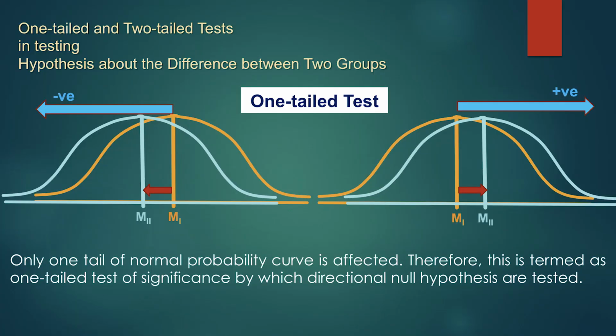In other words, the difference between two means shall appear only on one side of the normal probability curve and only one tail of the normal probability curve shall be affected. Therefore, this is termed a one-tail test of significance, by which directional null hypotheses are tested.